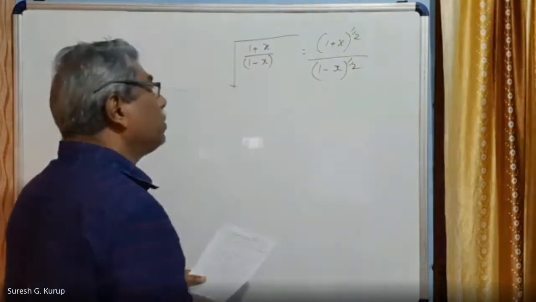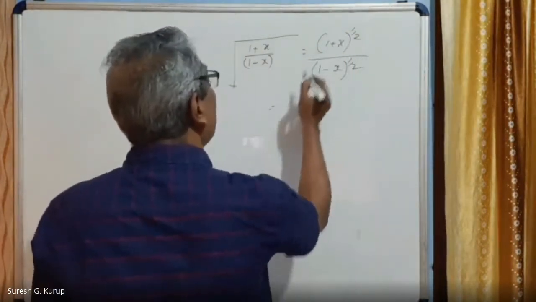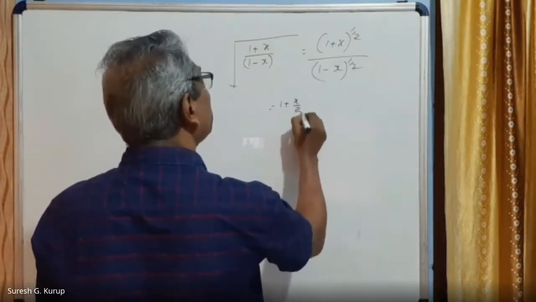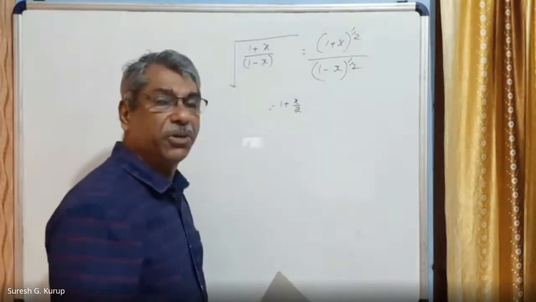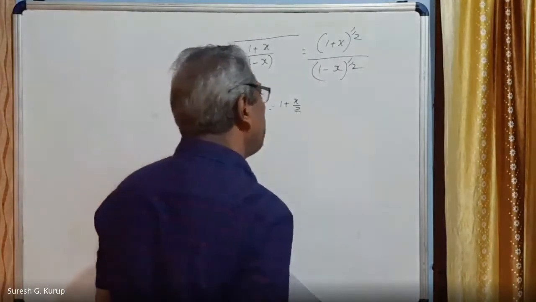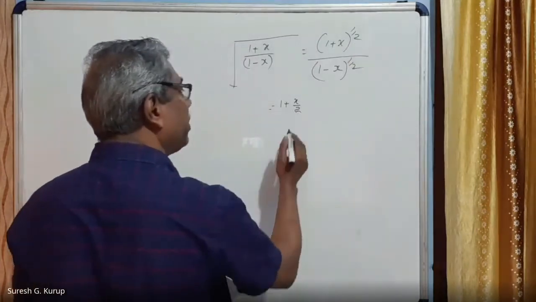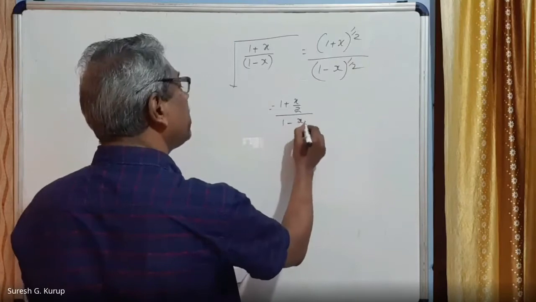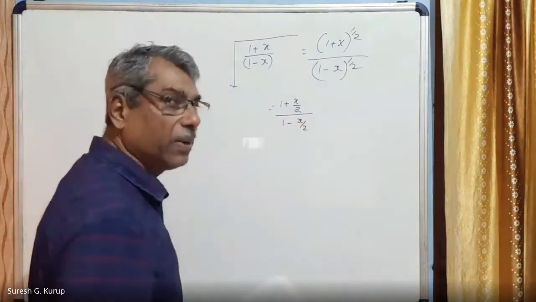Okay. Now the numerator is equal to 1 plus x by 2. 1 plus x, the whole raised to n, is equal to 1 plus nx. What is n? n is equal to 1 by 2. So 1 plus x by 2, the whole divided by 1 minus x by 2 also we can write.